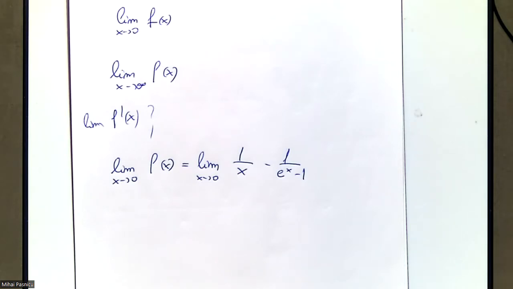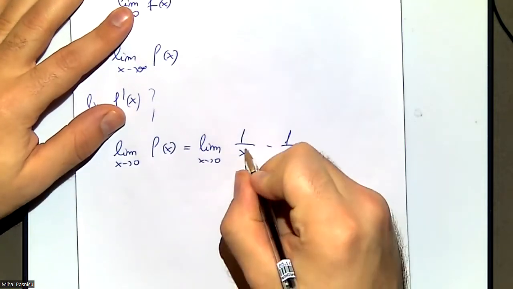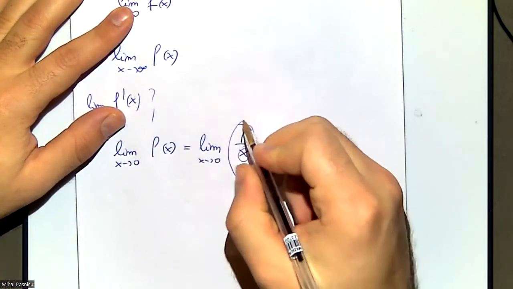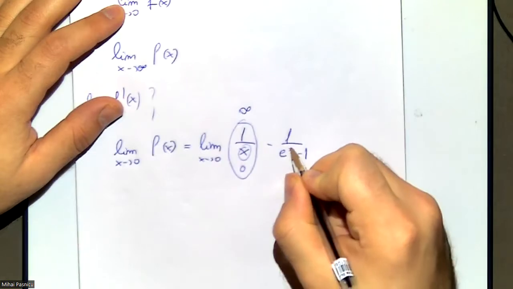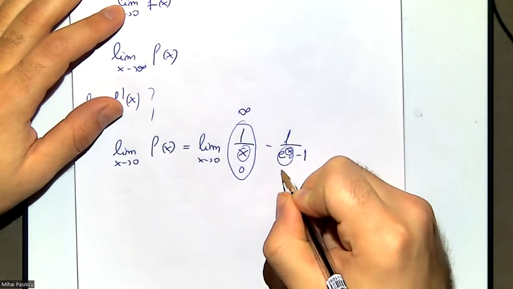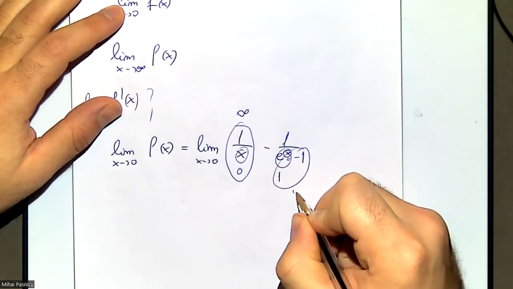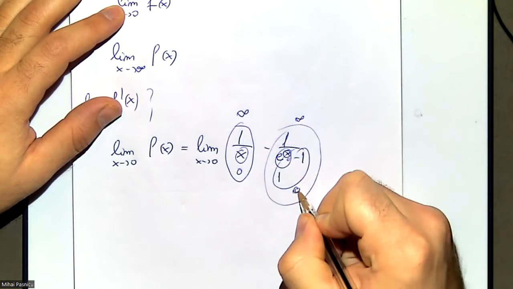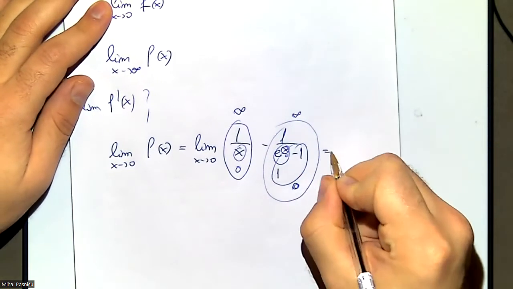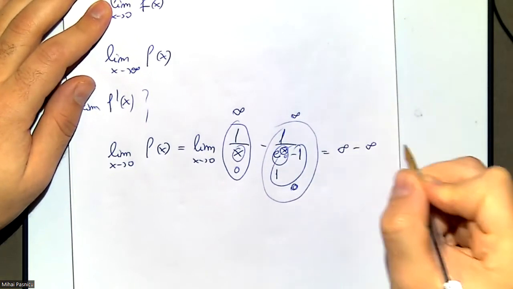Cool. Now let's evaluate it. X goes to 0. This is 0. This 1 over 0, this is infinity. This is 0, this is 1. 1 minus 1, 0. So everything is just infinity. So what is my case? It's infinity minus infinity.